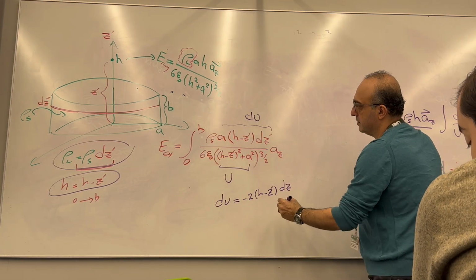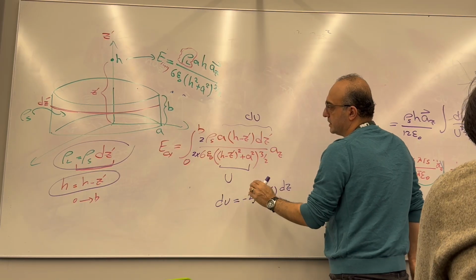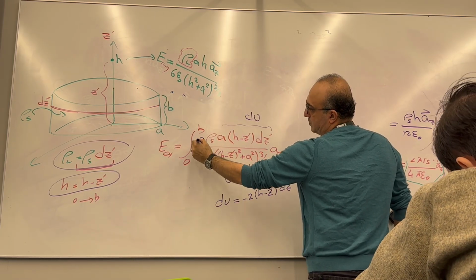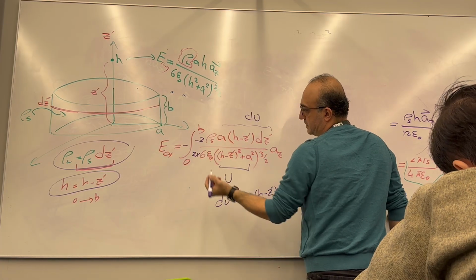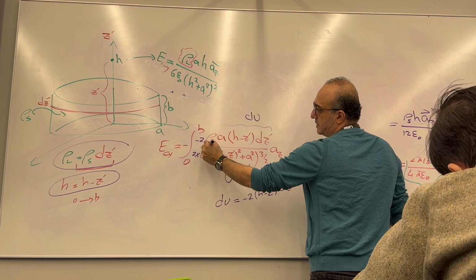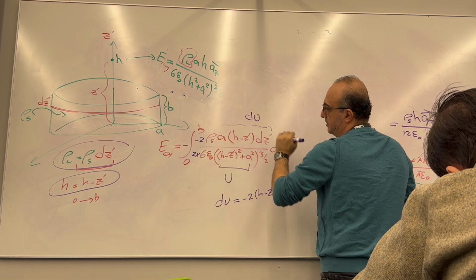You put a 2 here, multiplied with 2, then also you need to put a negative sign. You put one negative here, one negative outside to make this negative. Then eliminating this part and putting A and rho S outside, this part is going to be du.